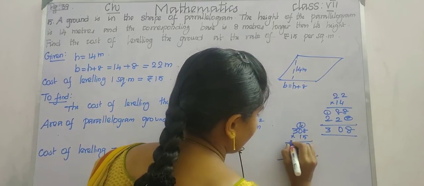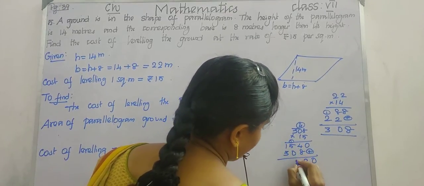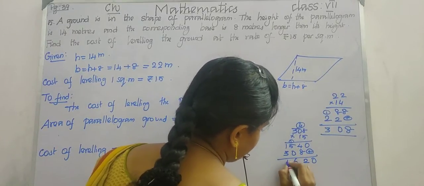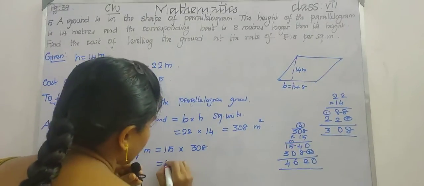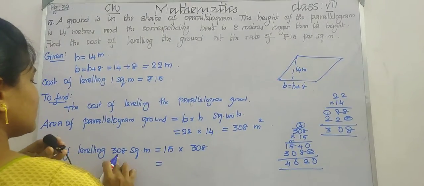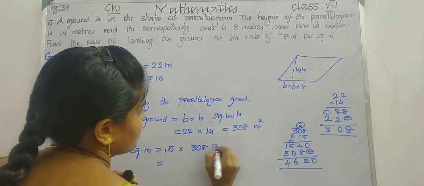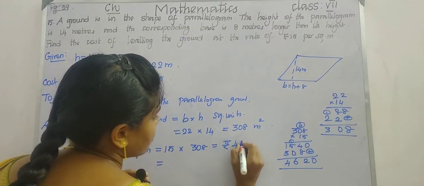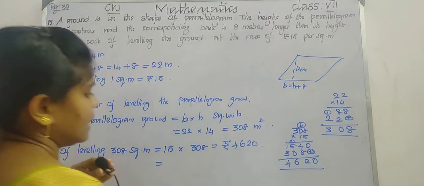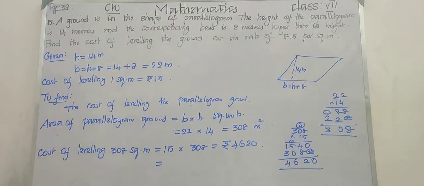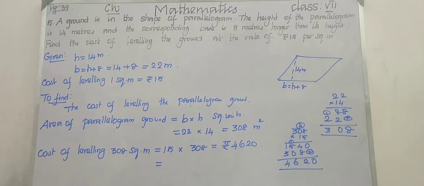Put 2 and 1 as the carry. 1 plus 5, 6. 1 plus 3, 4. So the cost of leveling 308 square meter equals rupees 4620. Children, copy this in your classwork notebook.